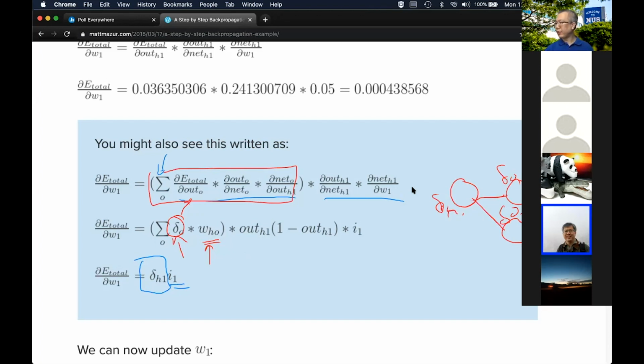So even if I were to have more downstream nodes here, the nice part is once I've calculated this delta value, I no longer have to care about anything on this side because it's already encapsulated. So if I want to calculate how the weights are changing at the next level, I just take this one, times it by the weight, and I'll get a new delta over here.